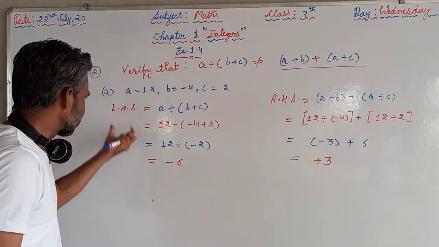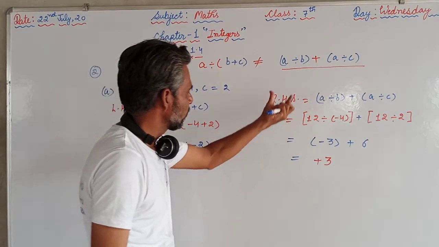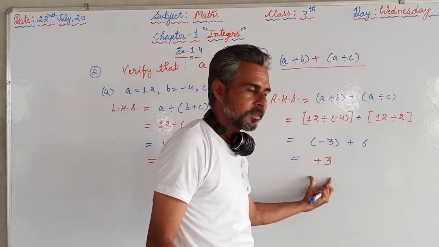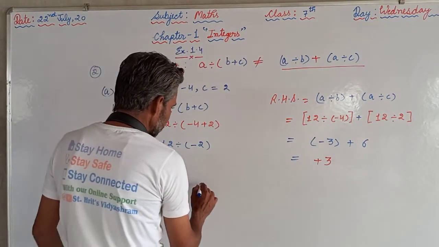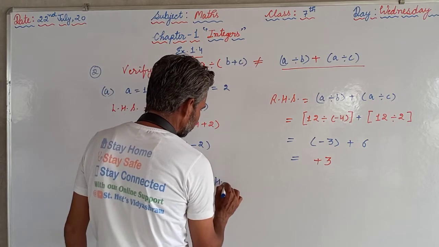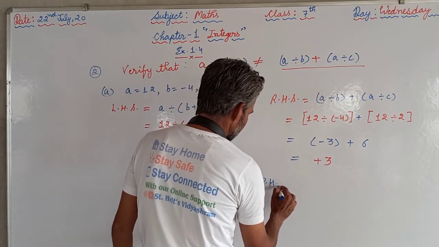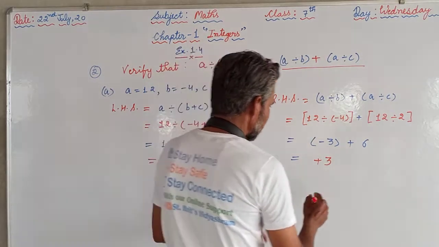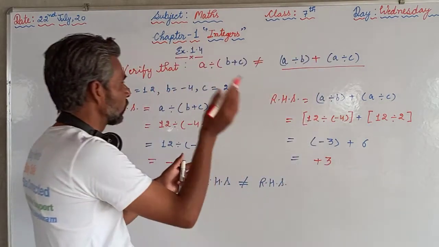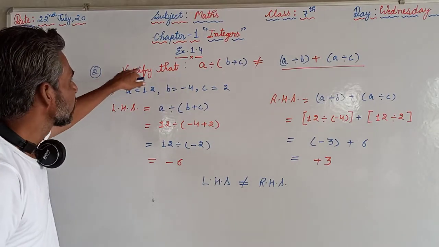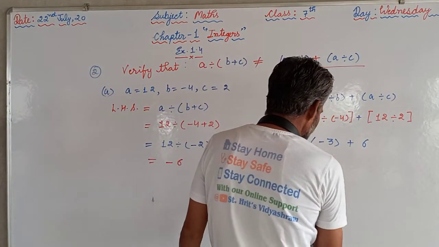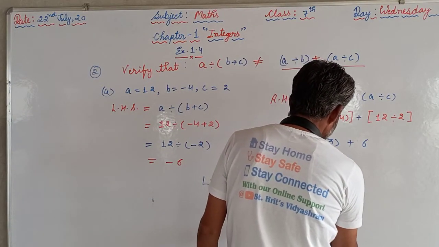So the value of the left hand side is -6 and the value of the right hand side is +3. We can say the left hand side is not equal to the right hand side, and at last we write what we were supposed to do in the question: we are supposed to verify. So at last we write, hence verified.